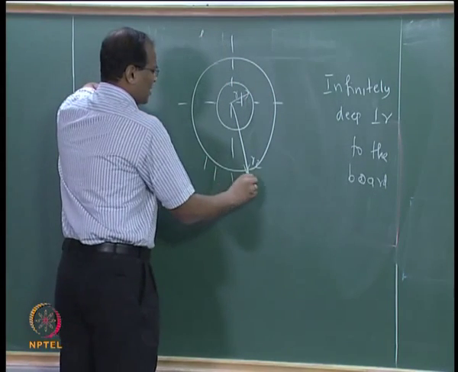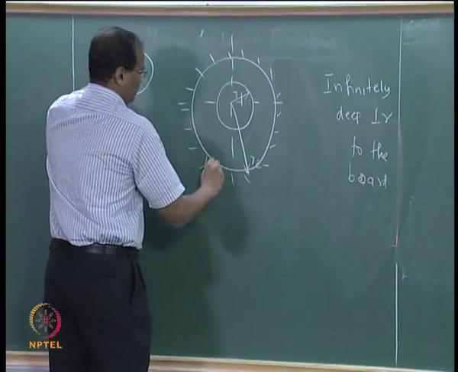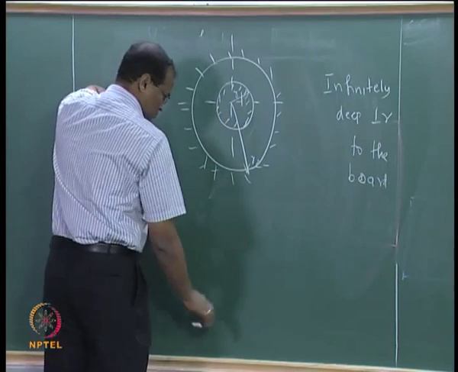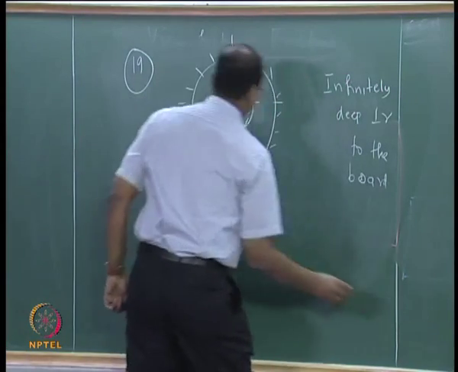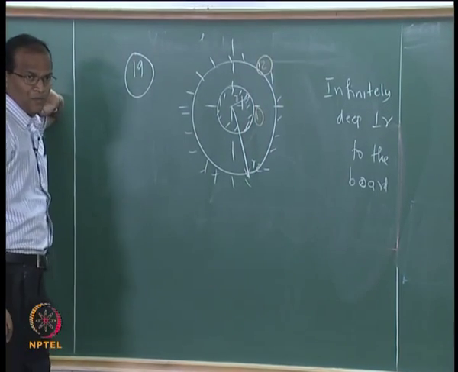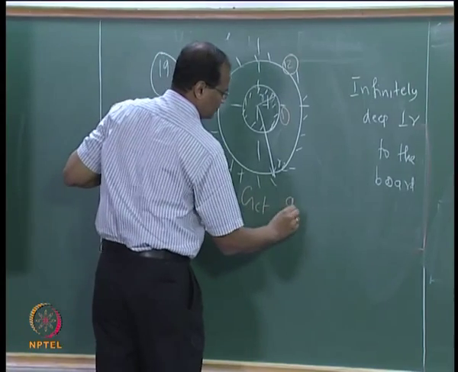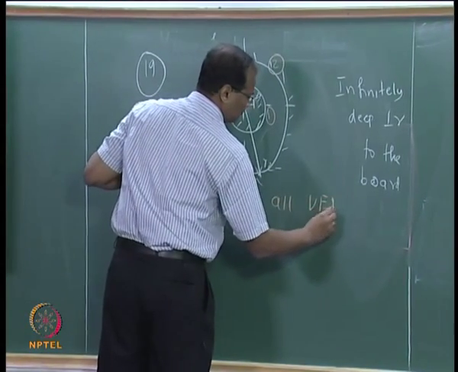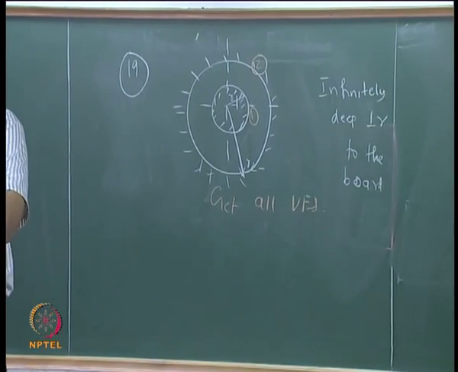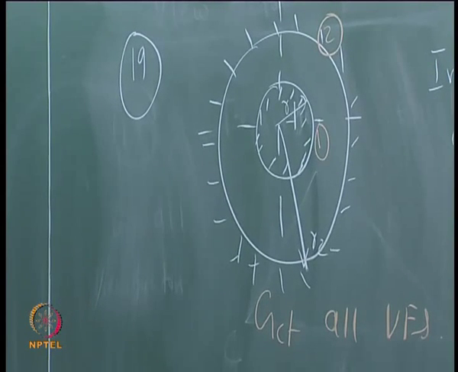Do not worry about the radiation activity on the outside of surface 2, do not worry about the radiation activity on the inside of surface 1. Problem 19, for the cylindrical duct, get all view factors. Assume that there is vacuum in between 1 and 2.